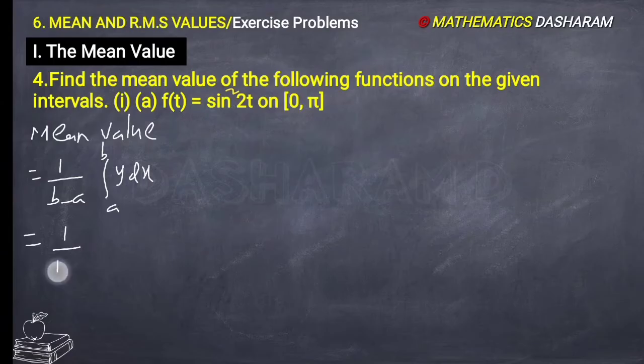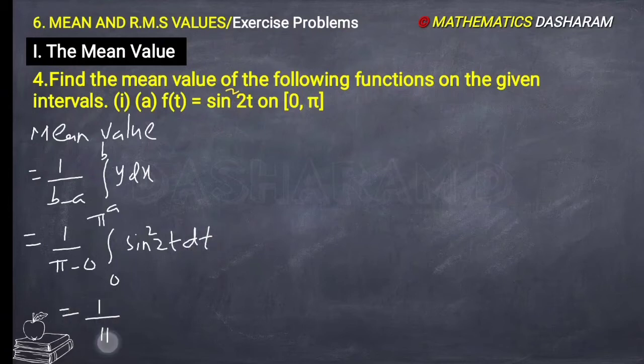Here b value is pi and a value is 0, integration 0 to pi of y dx. Y means the given function, that is sin squared 2t. Actually the function is defined in the variable t, so dt will come here. So 1 by (pi minus 0), that is pi, integration 0 to pi, sin squared 2t.